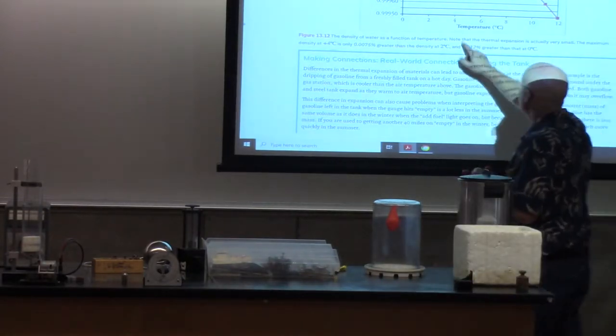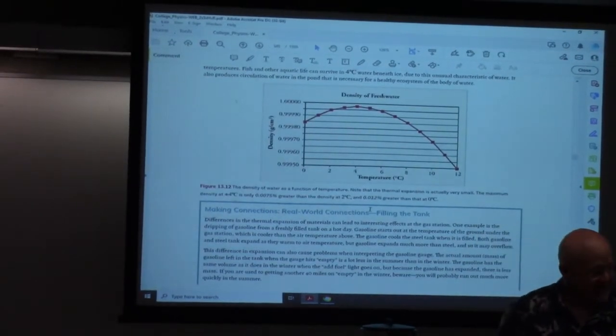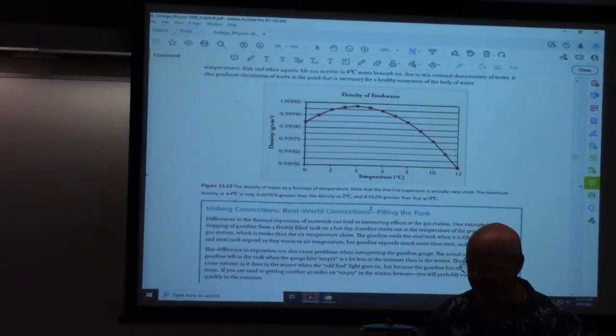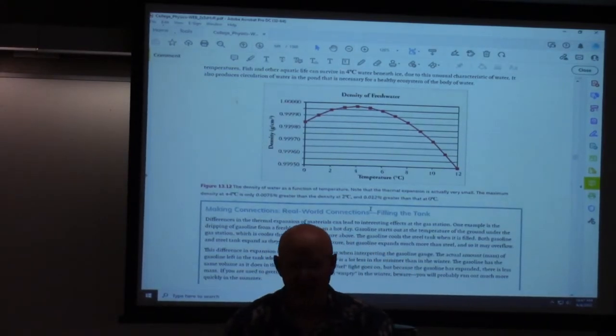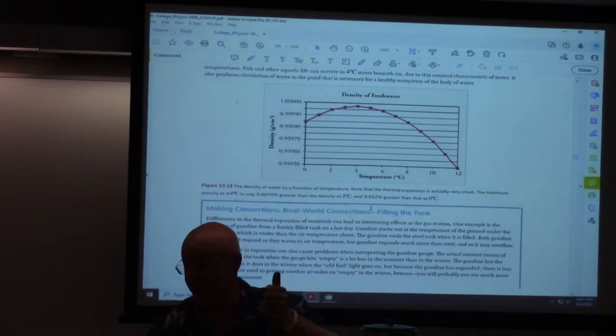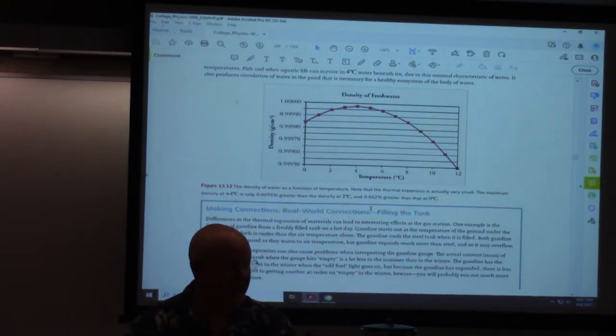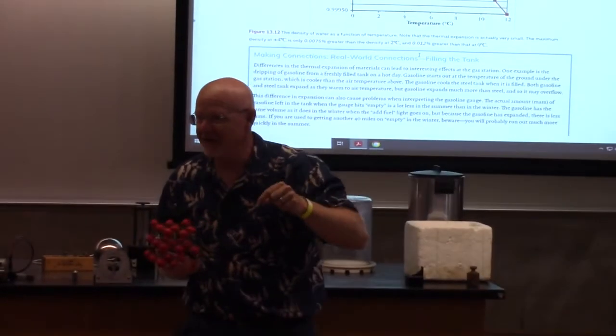Because at 4 degrees Celsius, the density starts to get bigger again. It starts to form ice crystals. And now things colder than 4 degrees go to the top. Then it freezes at the top, but it's still a liquid underneath.